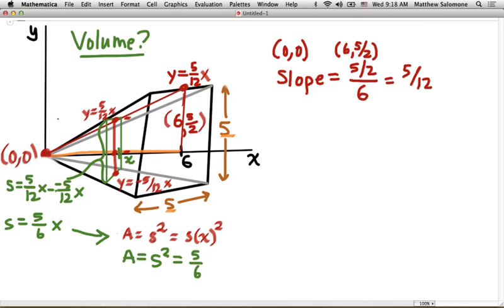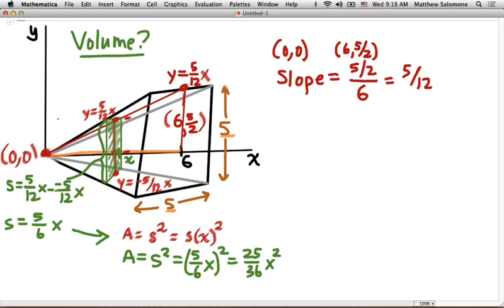So 5/6 x, the quantity squared. If you like, that's 25 over 36 x squared. So that expression, 25/36 x squared, gives me the area of this green cross-sectional square that's sketched in here. So far, so good?